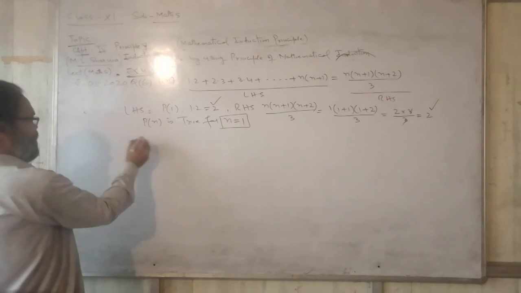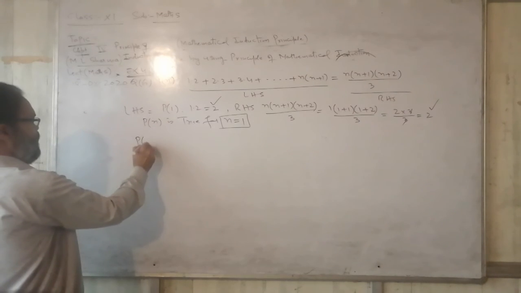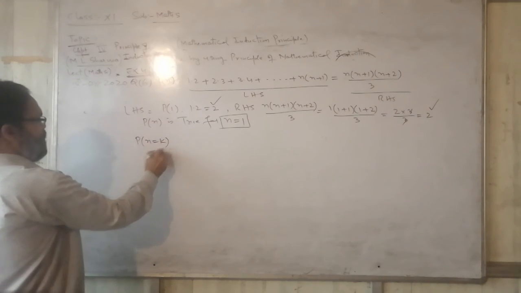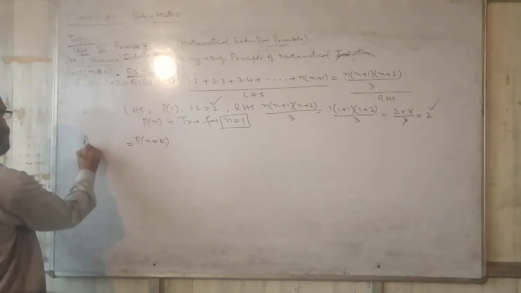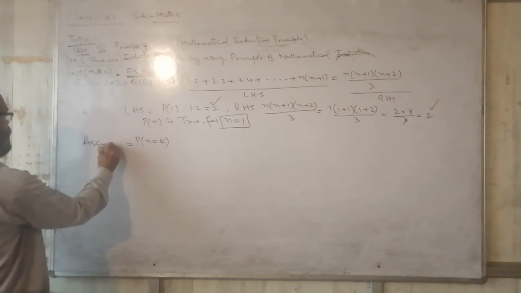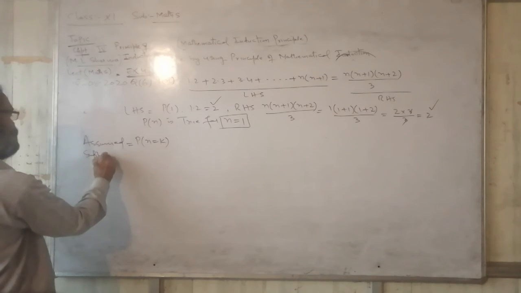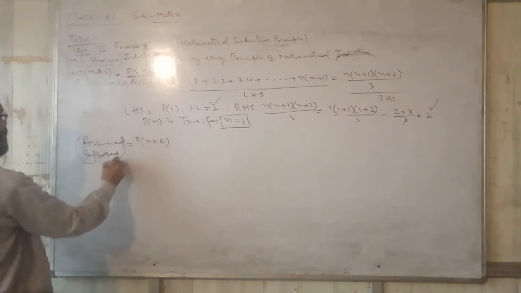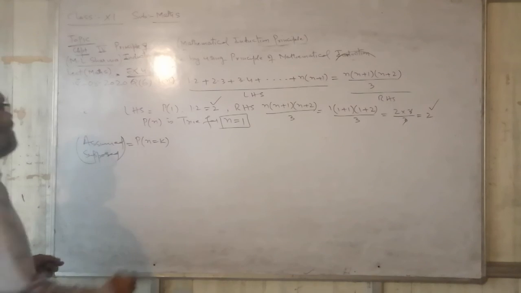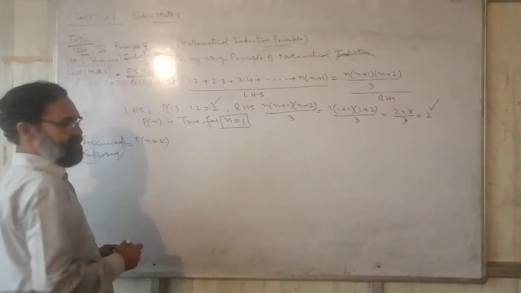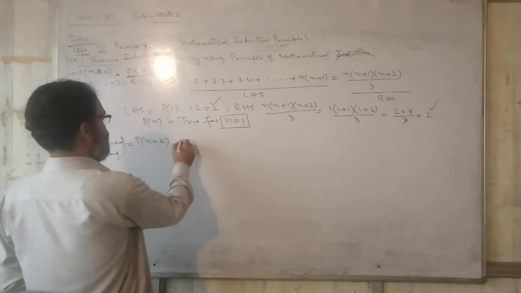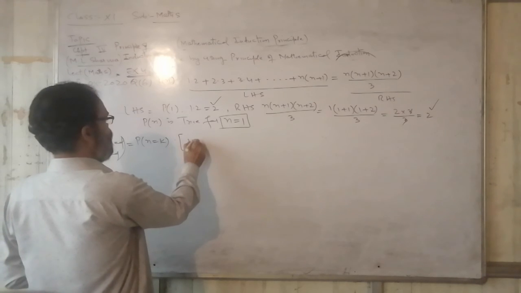Same way, the second step, P of n equal to k. It is assumed or supposed that this statement, by taking the positive numbers, will also be true.